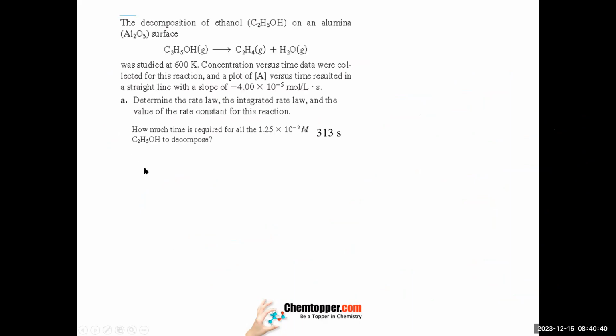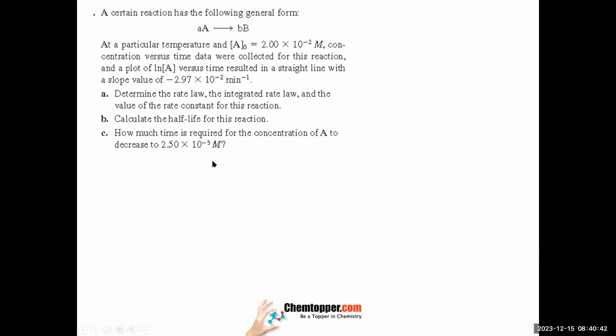The reason is because in every question, they have given you the initial amount, and they are just talking about how much is left. They have given you the rate constant values. They are talking about time. In the integrated rate laws, time is very important. You integrated the equation from 0 to t.